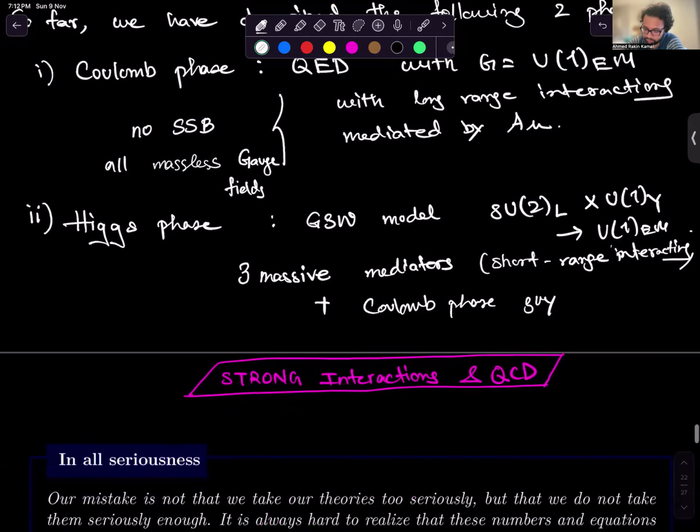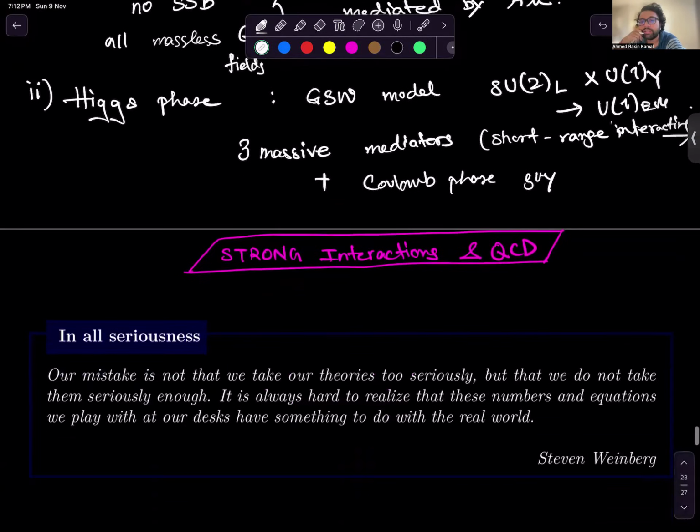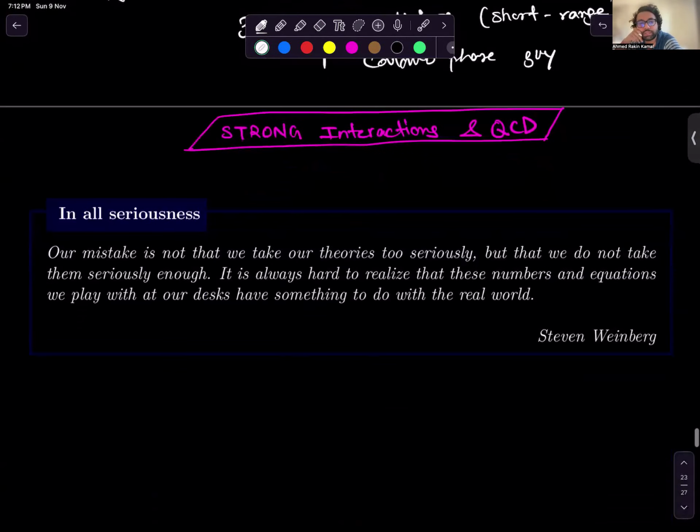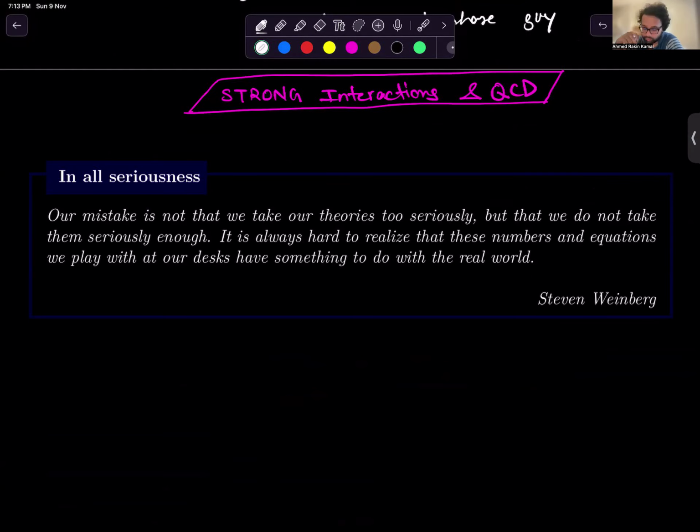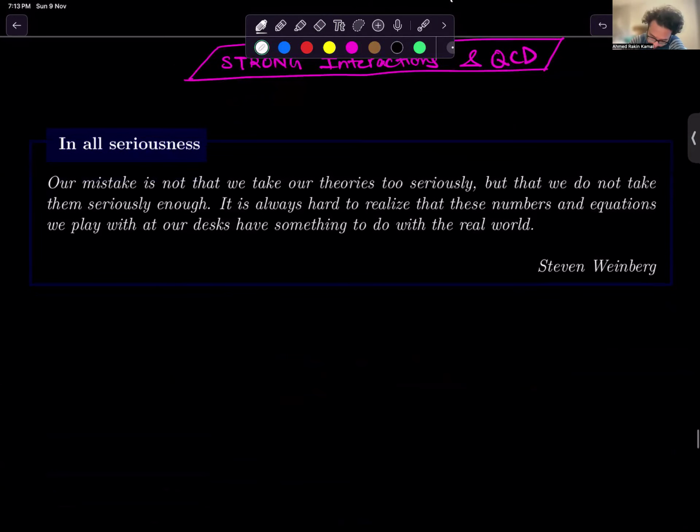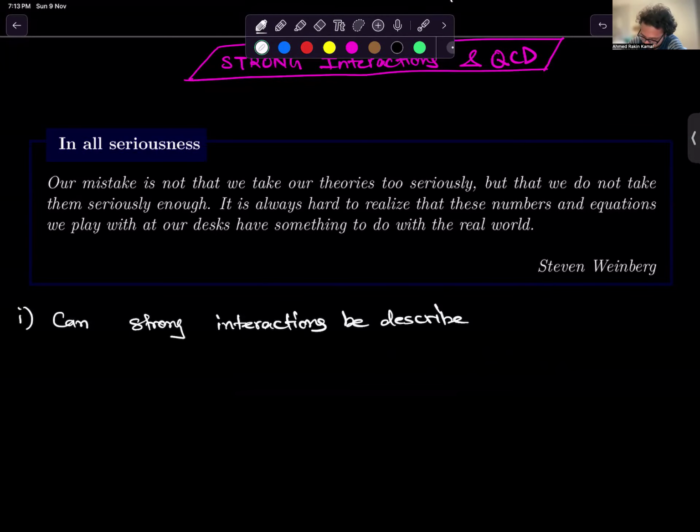And then we come to the final discussion, which is the case of strong interactions. So the first thing to ask is, can strong interactions be described by a QFT?